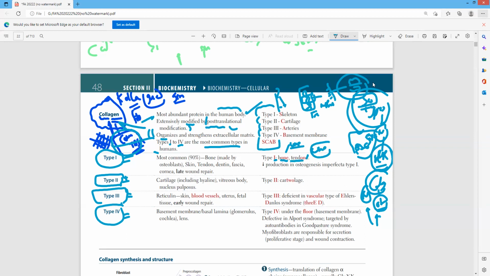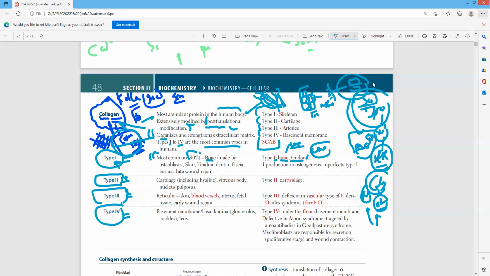So you will find it in the bone, and the muscle has the tendon that attaches to that bone. So you will find collagen type 1. And collagen type 1 is the most common type of collagen. To remember, it's number 1, so it is the most common. It's about 90% of all types of collagen in the body.